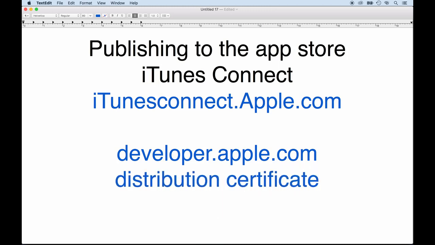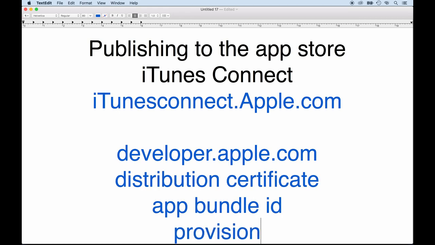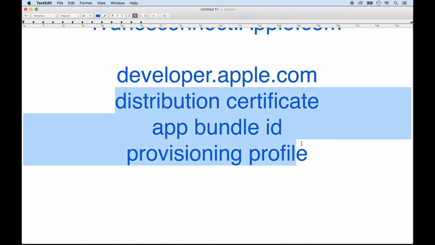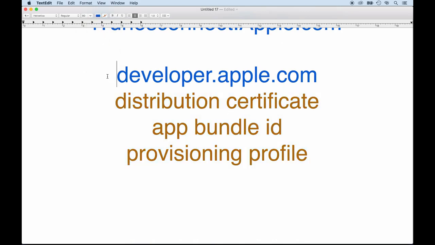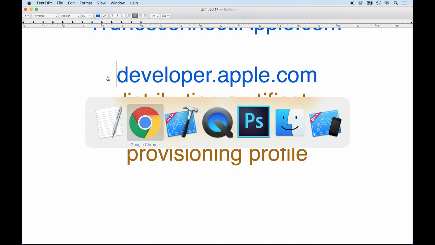Then you create the app bundle ID. Then you create a provisioning profile. Okay, so once you have these three, we're good to go. And make sure you look at the lectures on how to do that.